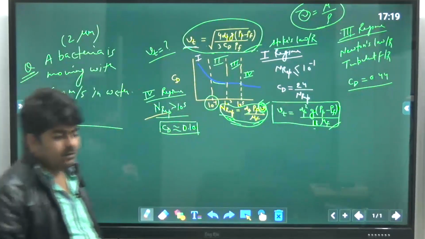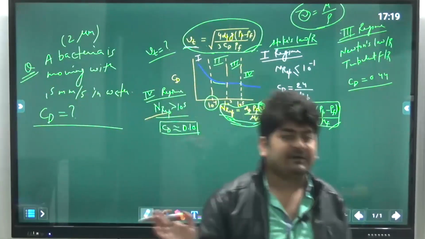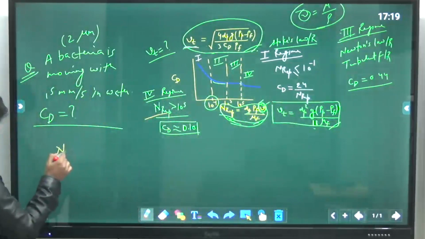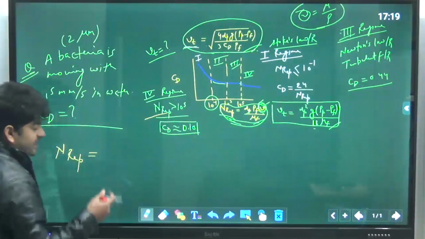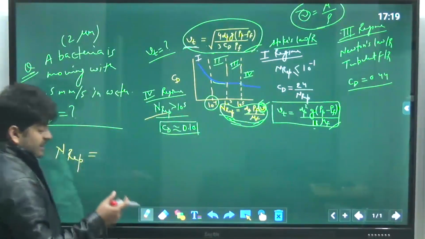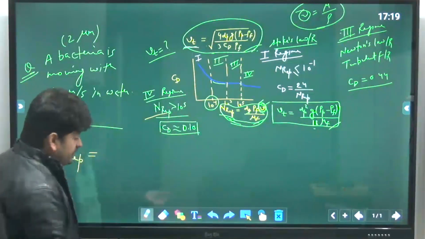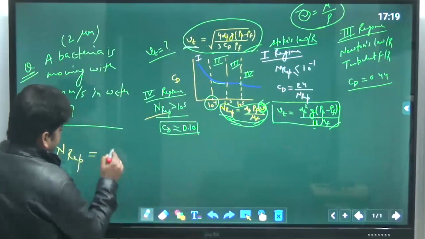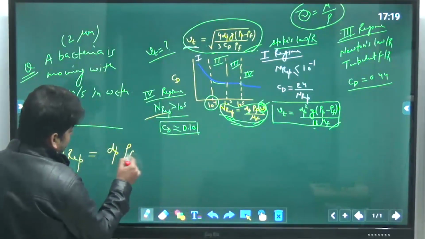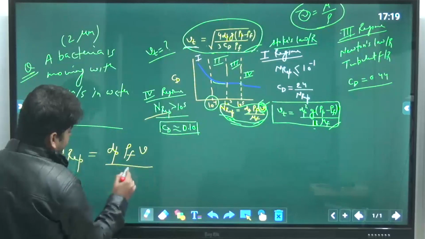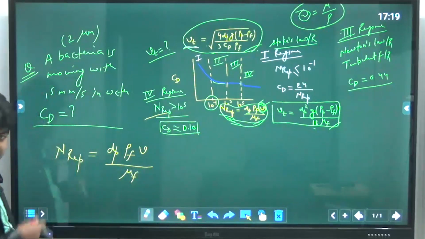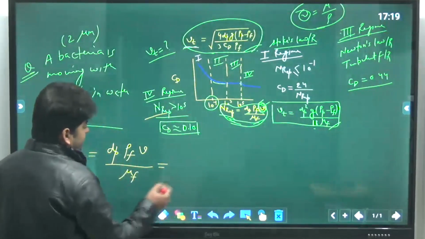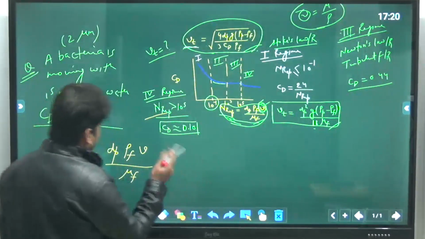Simple. Now to find out the drag coefficient, we must know the particle Reynolds number, and here we can calculate it. You can also try these numericals by yourself, after pausing the video if you are watching the recorded version. So particle Reynolds number is d_p rho_f v over mu_f.